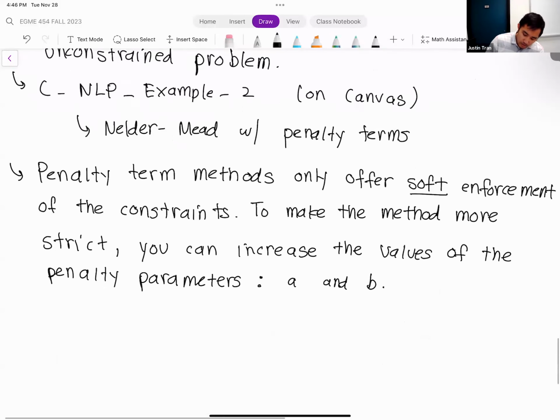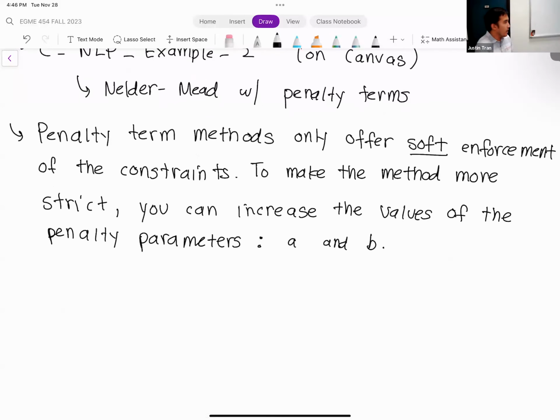Okay. And so the way that we've set it up for now, the value for A is the enforcement for the equality constraint, and the value for B is the value for the inequality constraint. Okay. All right. But that's not to say that you can't change this up a little bit as well, right?